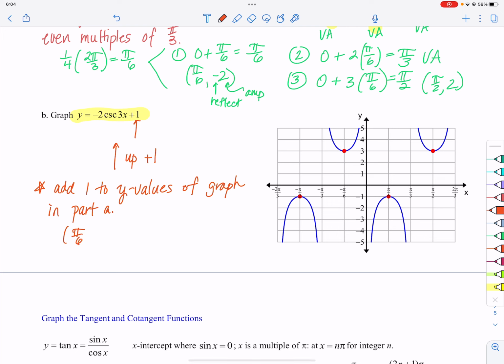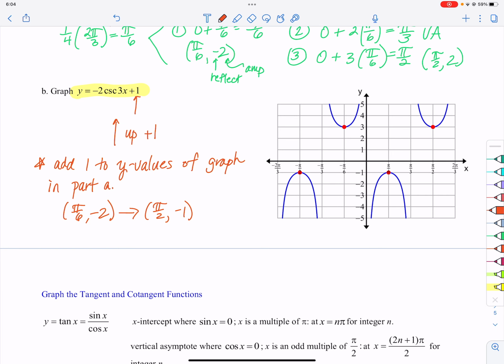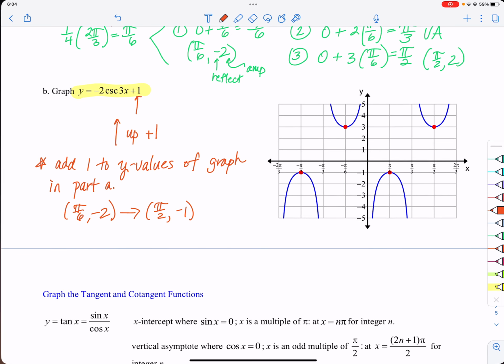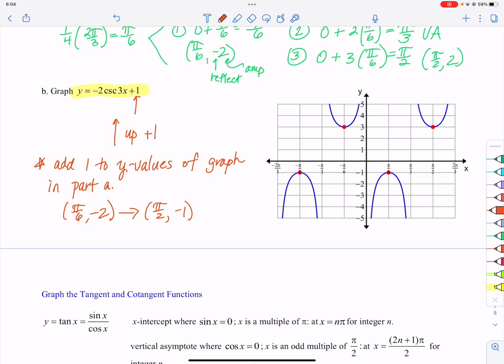Pi over 6, negative 2 now becomes pi over 2, negative 1. As you can see right here, pi over 2, negative 1. Then, that would be pi over 6, negative 1. And you can see it right here.